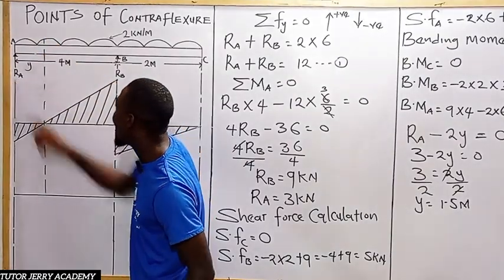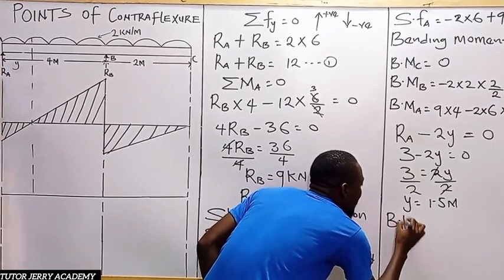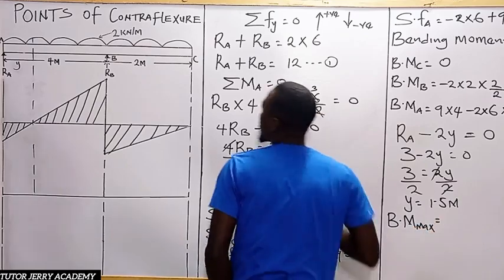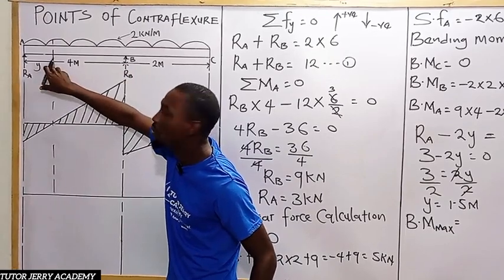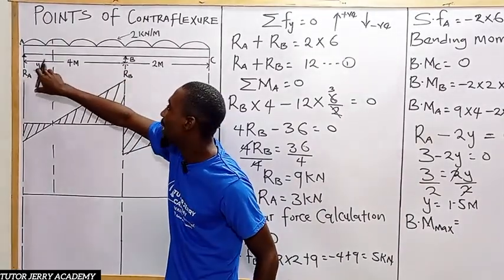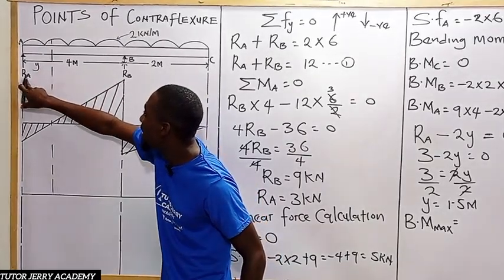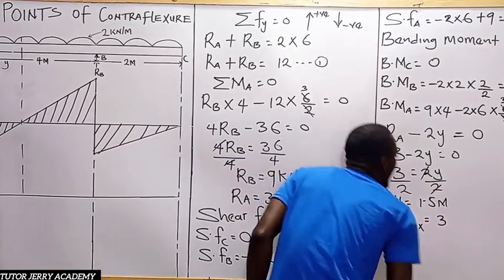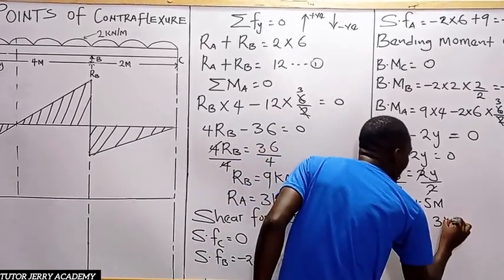For us to do that, we say M max, that is the maximum bending moment, will be equal to the bending moment about this point: reaction A multiplied by the distance, that is reaction A multiplied by y. You understand? Our reaction A is 3, so it's 3 multiplied by the distance, which is 1.5.